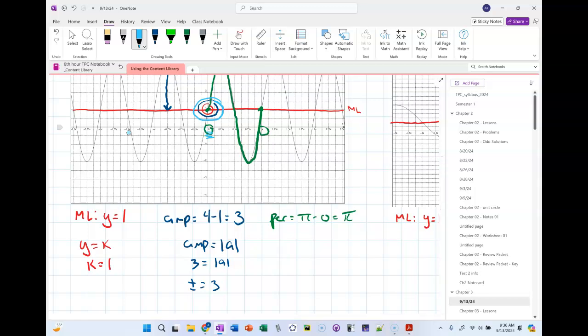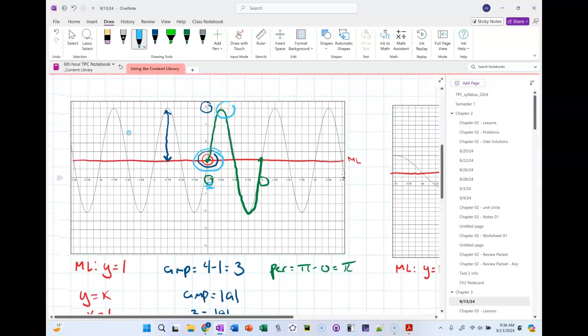In the situation where at x equals 0 I'm on the midline, I'm going to look at the first extrema after that. That first extrema is a maximum. That tells me the a should be positive. If the next extrema after was a minimum, then the a would be negative.